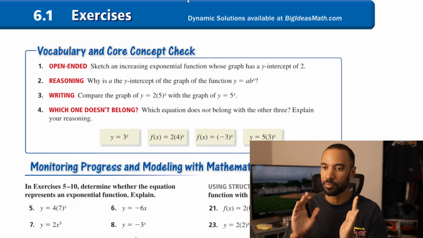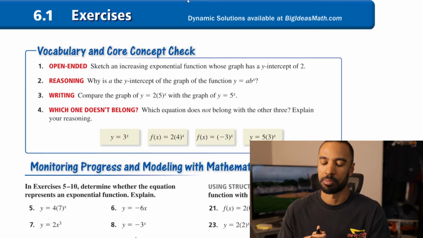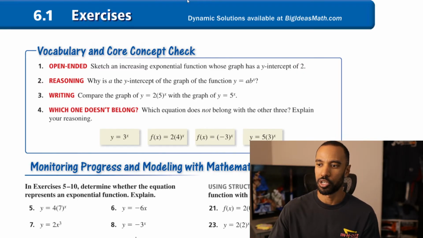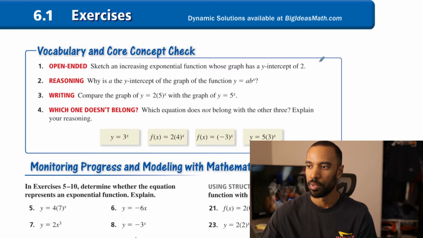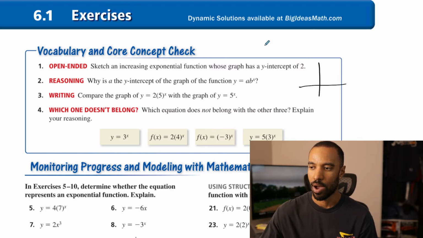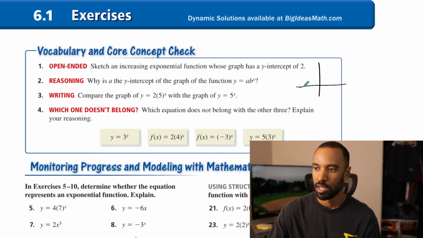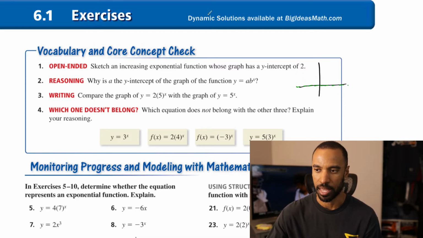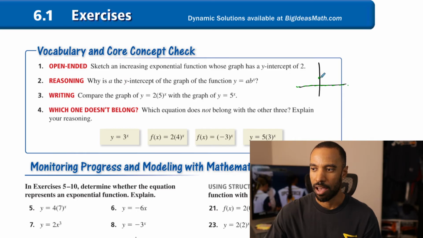So here we go. Vocabulary and core concept check. Number 1, open-ended. Sketch an increasing exponential function whose graph has a y-intercept of 2. So for that, because the y-intercept is 2, I'm assuming my asymptote is on the x-axis here. Personally, I'm just going to make that assumption. We are going to have a y-intercept here of (0, 2). For it to increase, that means it's going to have exponential growth, and it's going to be taking off in this direction here.